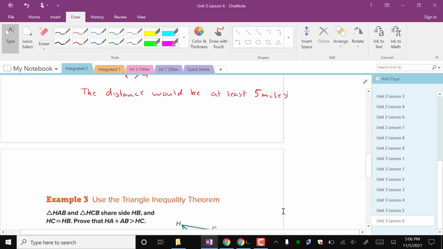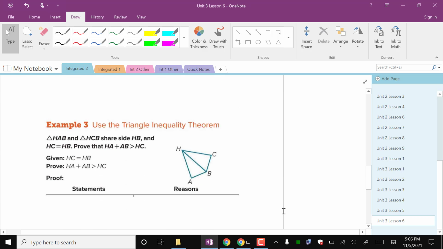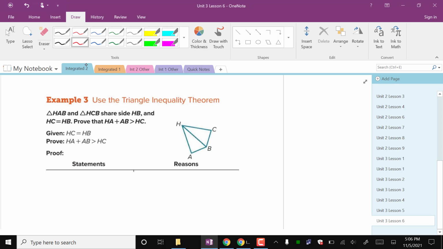All right, let's take a look at example 3. It says use the triangle inequality theorem. So what we want to do is prove this out. We have that triangle HAB and triangle HCB share side HB, and HC equals HB.